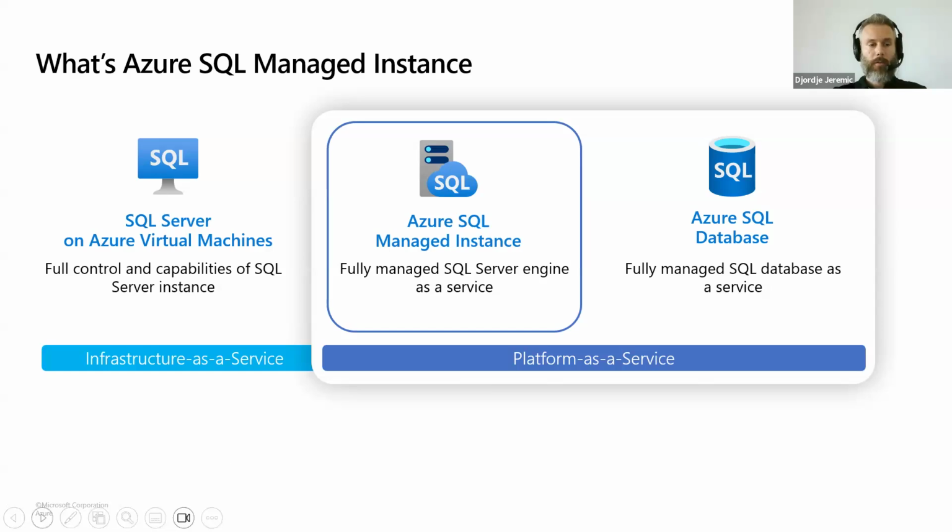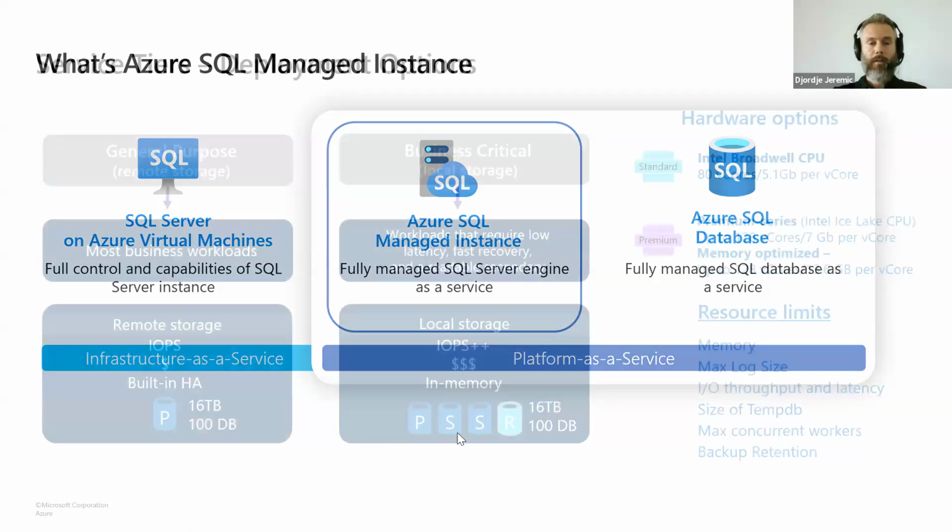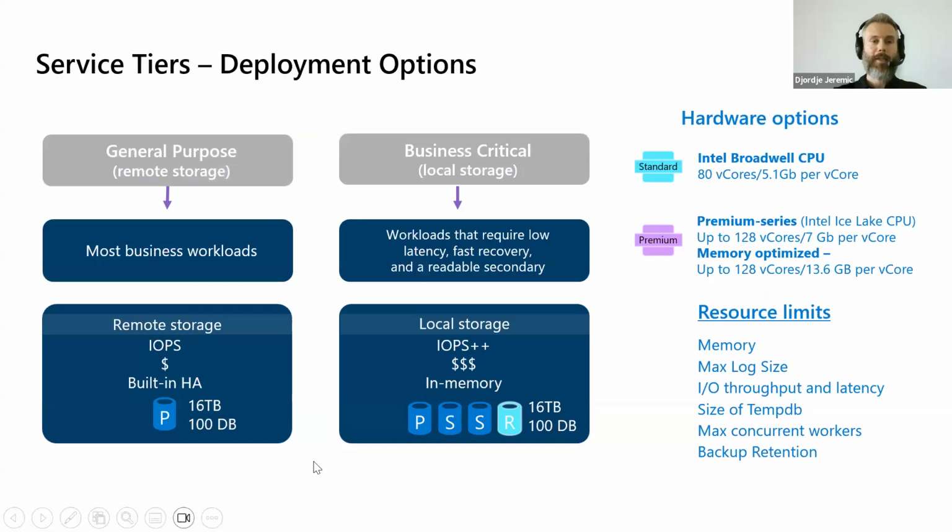SQL MI is a big topic. I think that probably the most important thing that you should know about it is that we have 2 service tiers. One is general purpose, and it contains a remote storage layer, and it's good for most business workloads, and it has limitation of 16 terabytes and 100 databases.